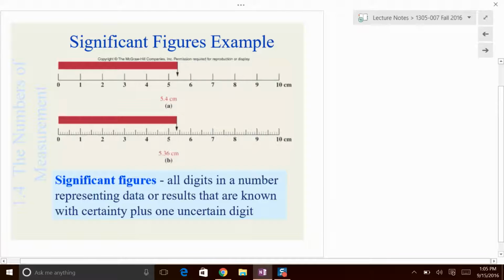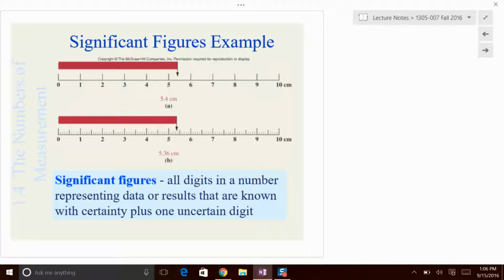So if I have these two measuring devices, you can see the first one, if I measure the length of that red line, it would end up somewhere between 5 and 6. I know it's for sure at least 5, so I'm going to say 5 point something. Then I have to guess that last digit: 5.3, 5.4, 5.5, wherever you think it's hitting.